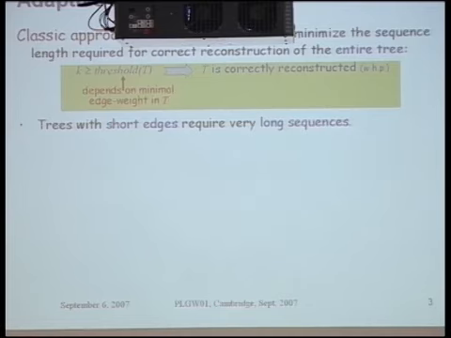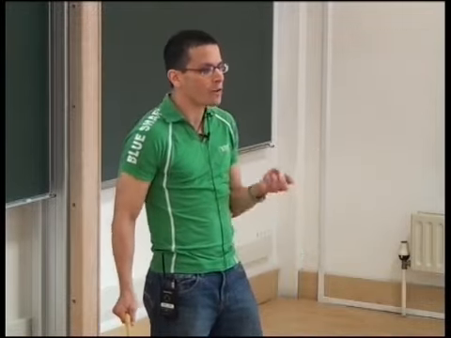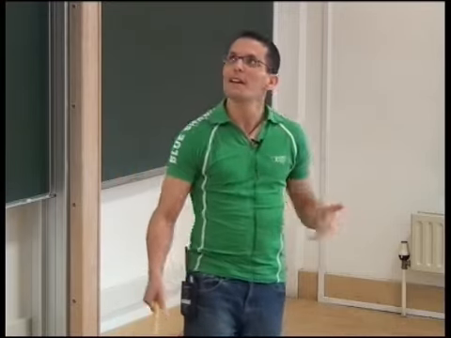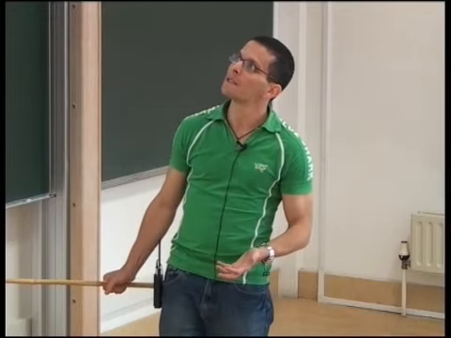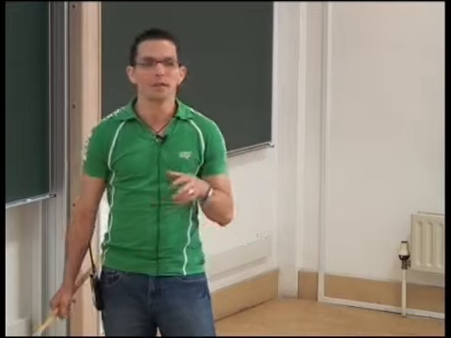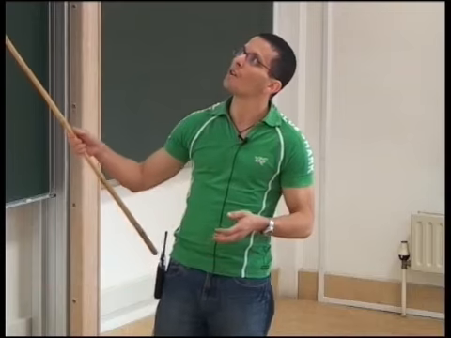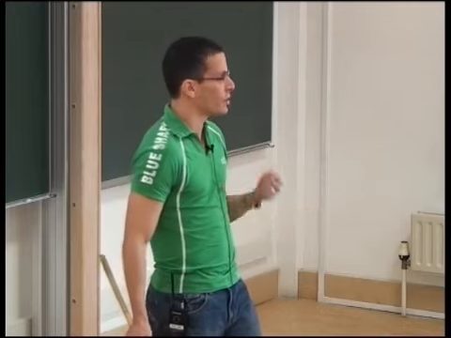This seems to make sense because if the tree contains a very short edge, this short edge probably has very little evidence in our data, and it's going to be very hard to reconstruct. And if you want to reconstruct everything, then it's going to be very tough. So the bottom line is that even these very good fast converging algorithms still require very long sequences in order to reconstruct these trees which contain very short edges.